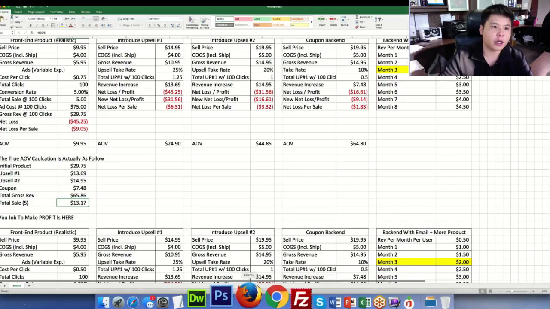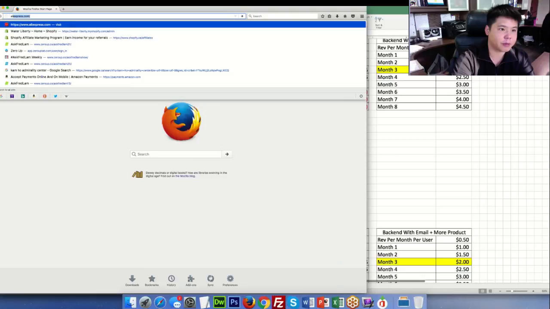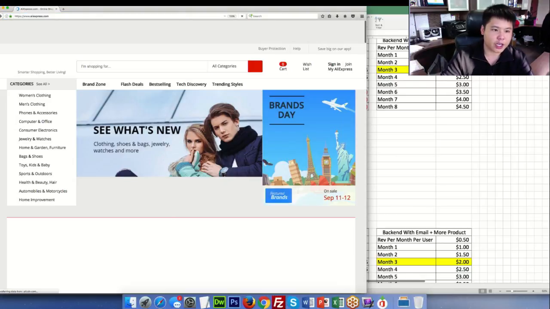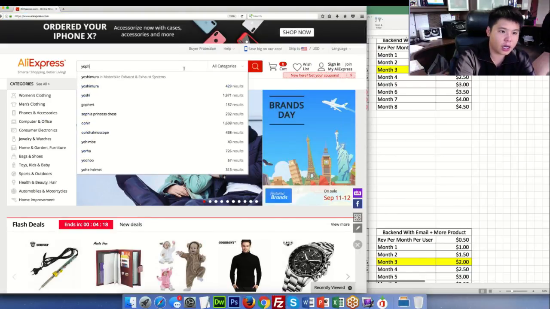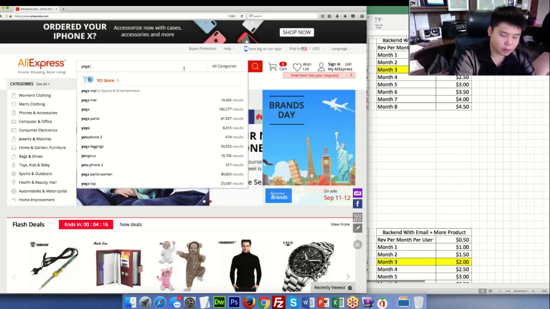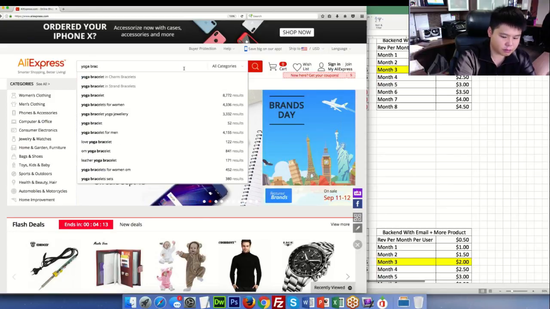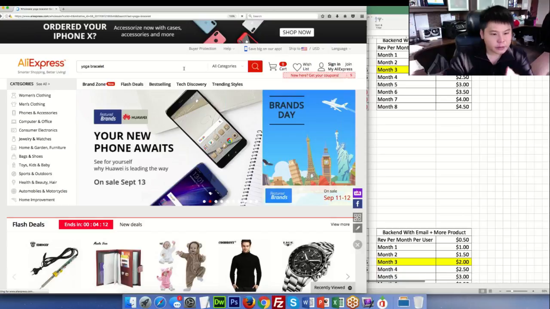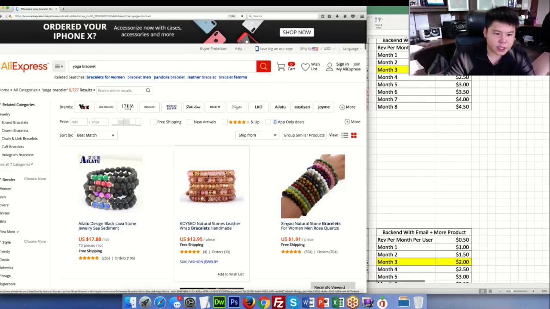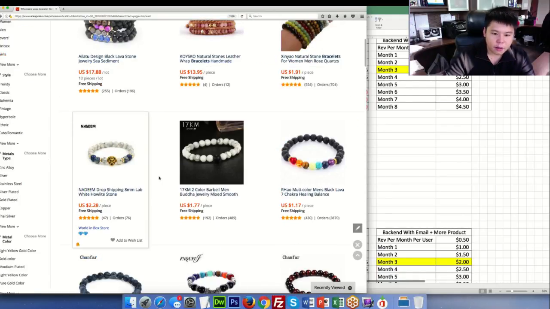So if we look at this from an example standpoint, what you can do is the following, okay? You can actually go here. Let's say I'm just going to go to AliExpress, and you can actually create a yoga bracelet. See, you can actually sell, let's see if there's a good yoga.